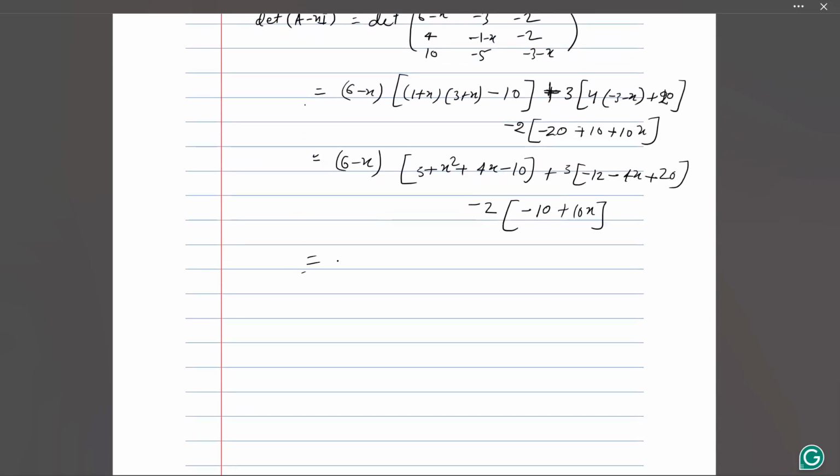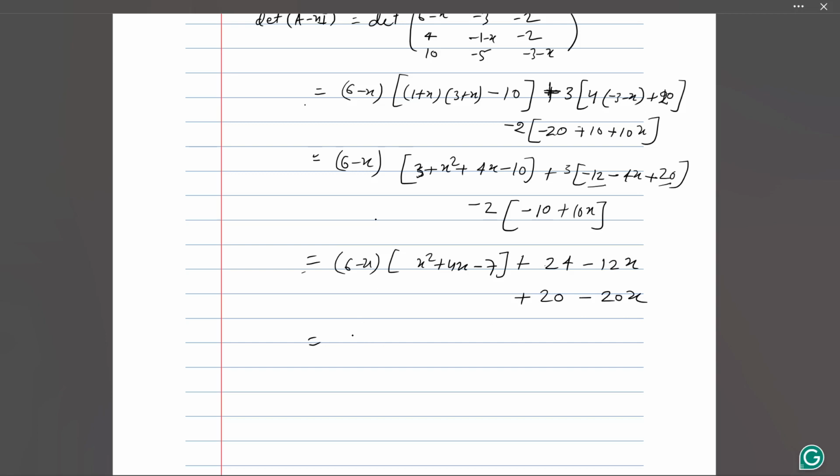Next step, multiply all of them and get 6 minus x inside it x square plus 4x minus 7, and here just multiply them. What is 3 into 8 minus 12? 24 minus 3 into 4 is 12x, and in this you get 2 into 10, 20, minus 20x.